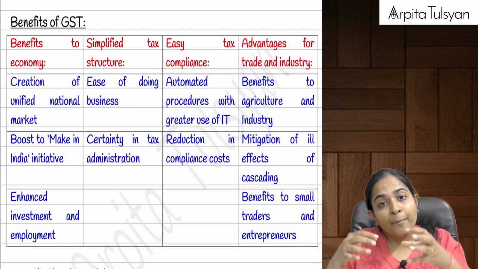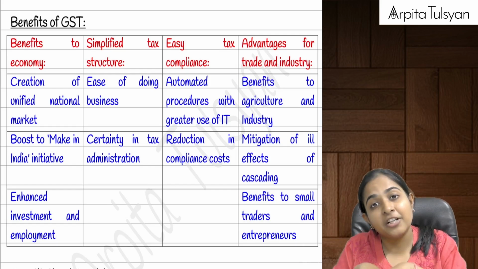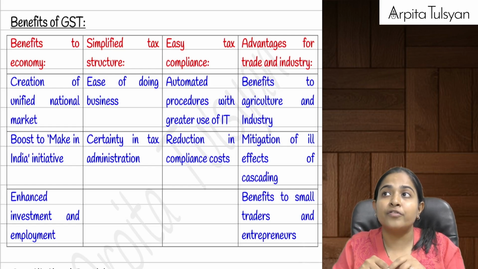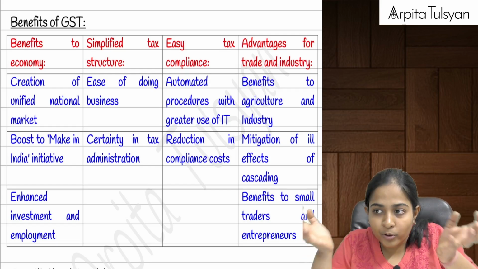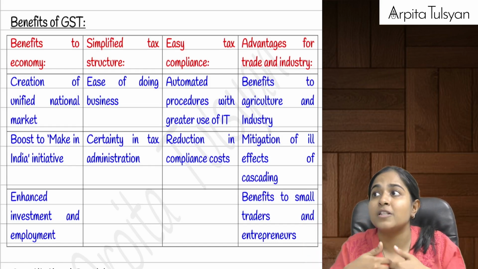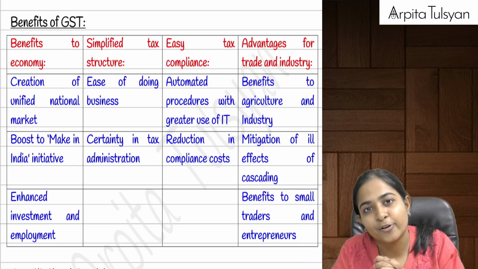More and more people are now doing manufacturing in India because of the Make in India initiative. Because of this, more and more money is getting invested in India, which is boosting the economy and creating many employment opportunities.